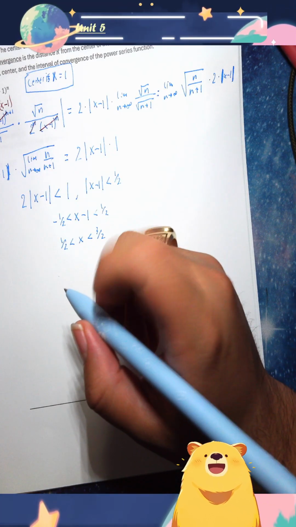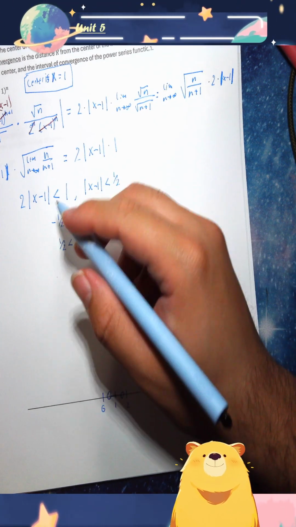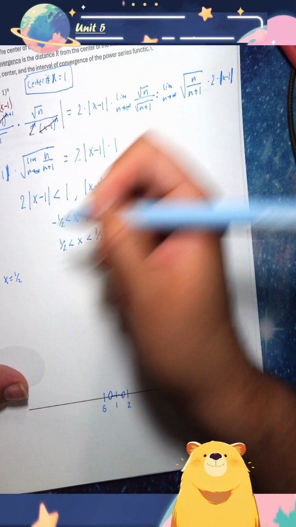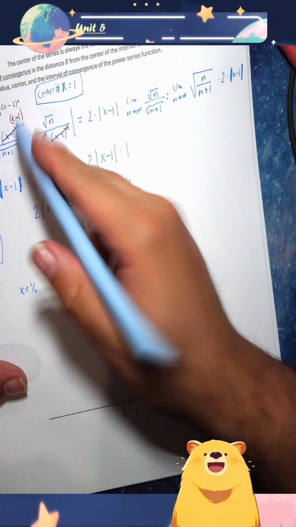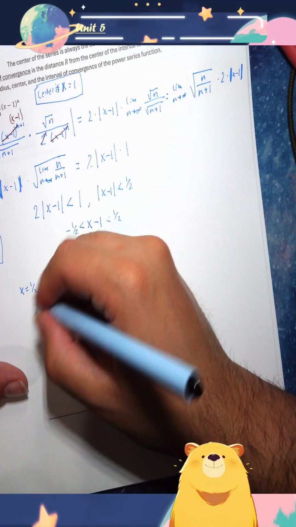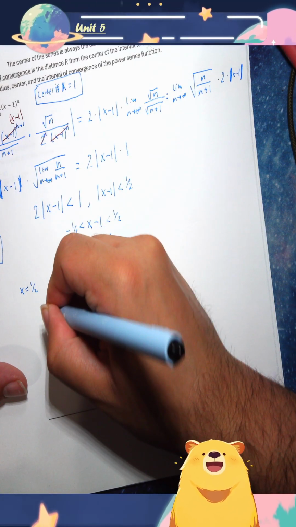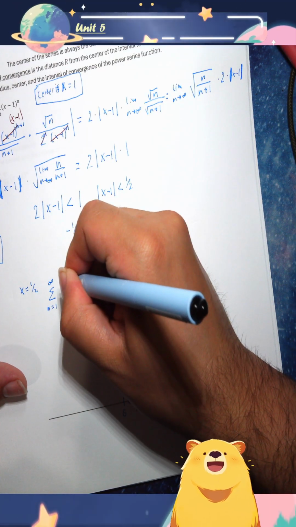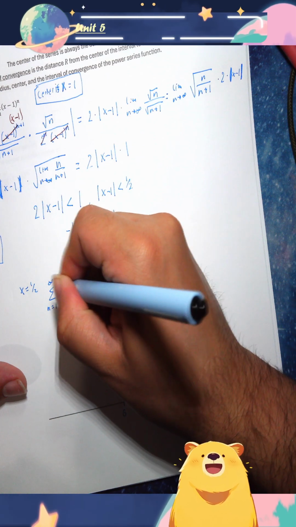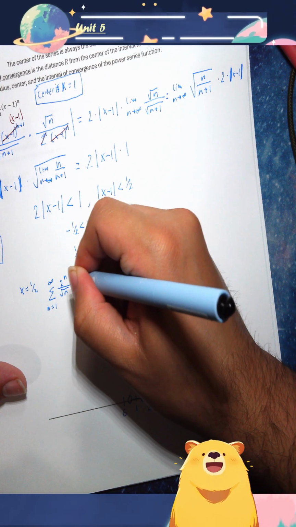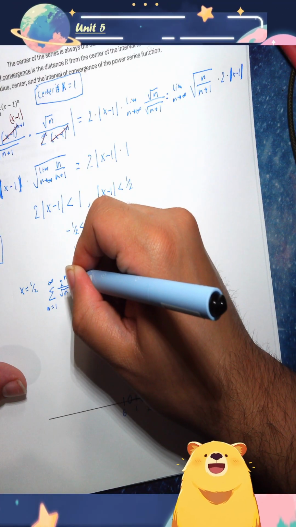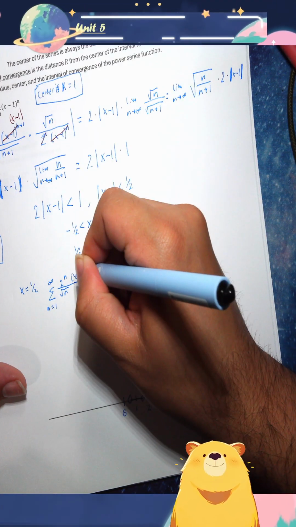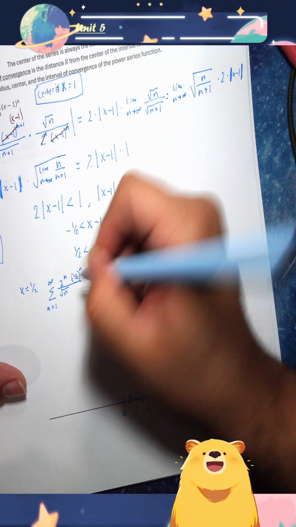So let's see. Okay, so when x is equal to 1/2, I'm going to write it out in full just because I don't want to miss anything. 2n square root of n, and then it's going to be 1/2 to the power of n and negative 1/2, right?